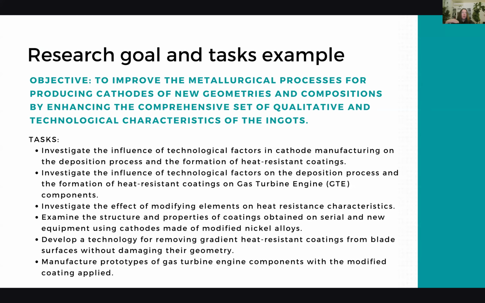So you could look for some information about the influence of coatings or heat treatment or different alloying elements on something and synthesize some new information, and based on that information you would suggest improvements to your technological process that already exists in your foundry. So that would be your objective and those would be your tasks.